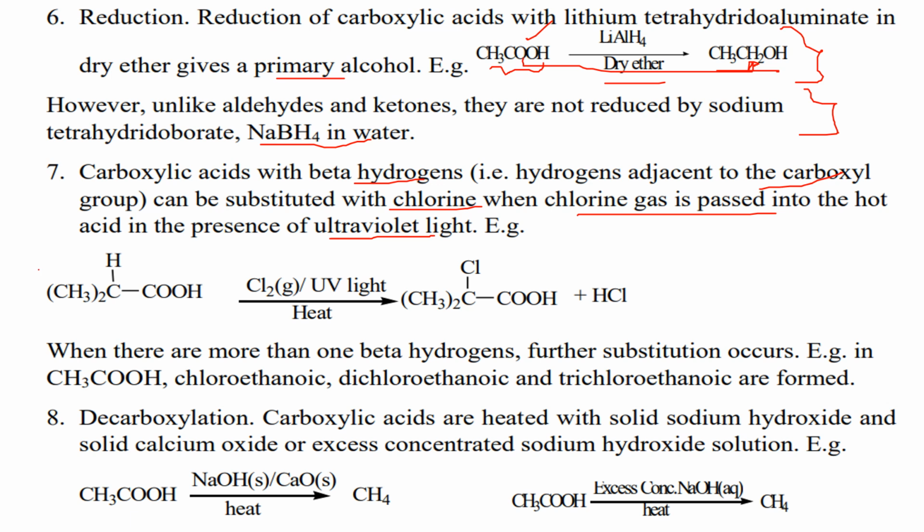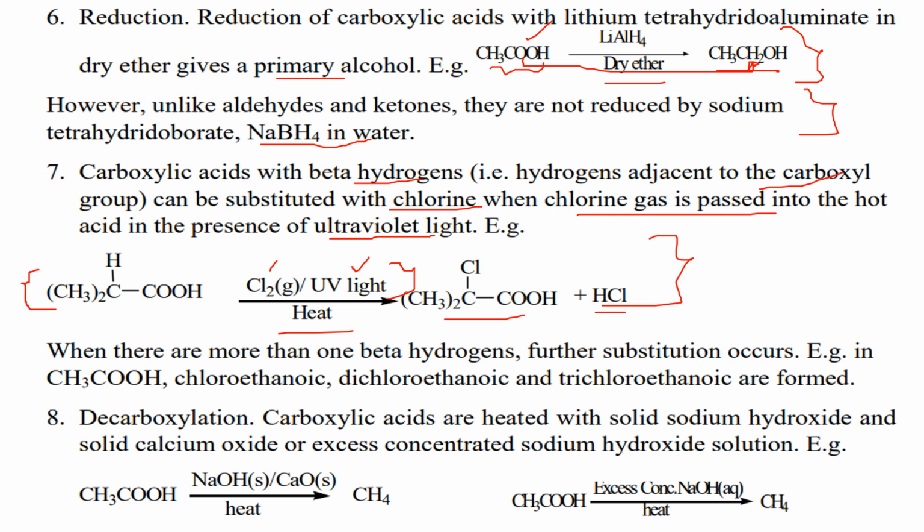So when you have a carboxylic acid like in this form and you react it with chlorine in presence of ultraviolet light and heat it, you're going to form a compound of this format, and then hydrogen chloride. Always avoid these reactions because you may only attempt them when you have been provided with it in paper 1 to complete a reaction. But reactions involving ultraviolet light, try to avoid them in your synthesis as far as possible.